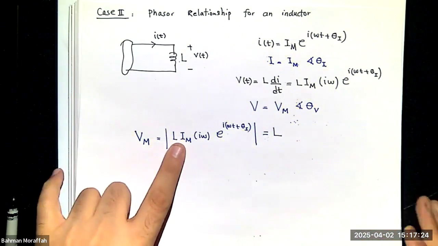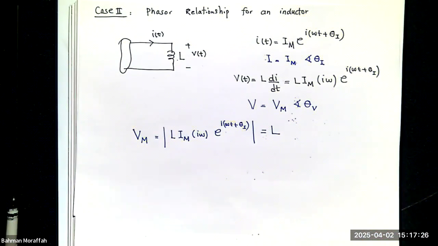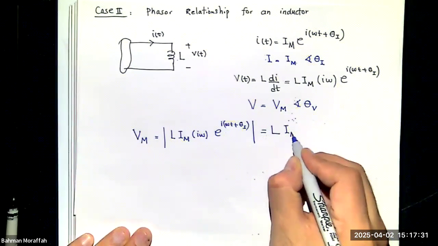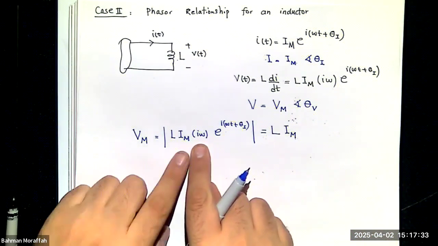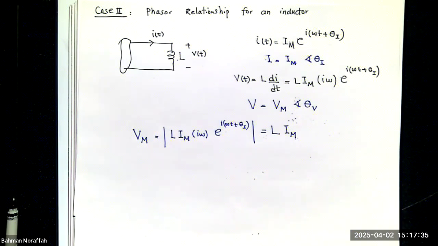What is the magnitude of Im? Same thing. Im is a real number, so the magnitude is still Im. What is the magnitude of i omega? The magnitude of i omega is the magnitude of i times the magnitude of omega. What is the magnitude of i? 1. Keep that in mind.